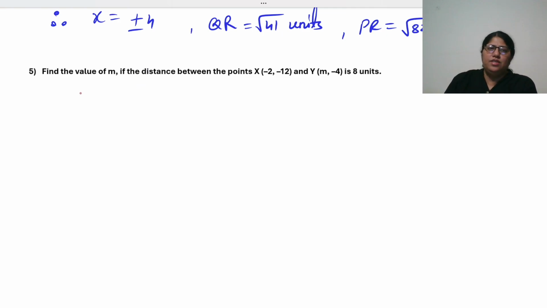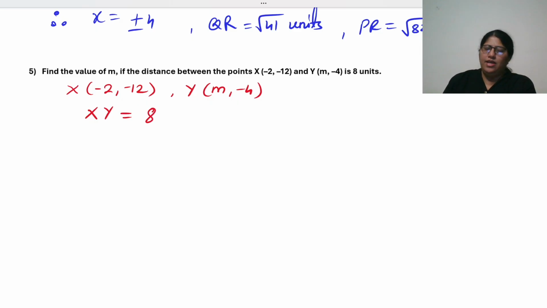What is given first here? The X coordinate is given as minus 2 comma minus 12. The Y coordinate is given as m comma minus 4, and XY, the distance between X and Y, is given as 8 units, right? So again we'll start with the distance formula. What is your distance formula?